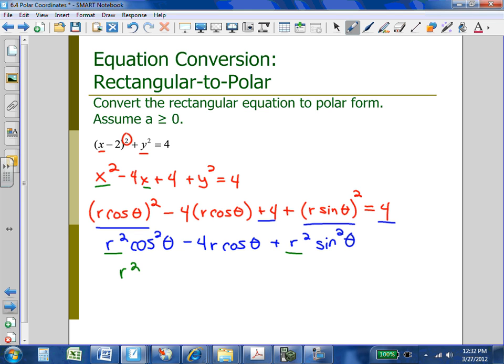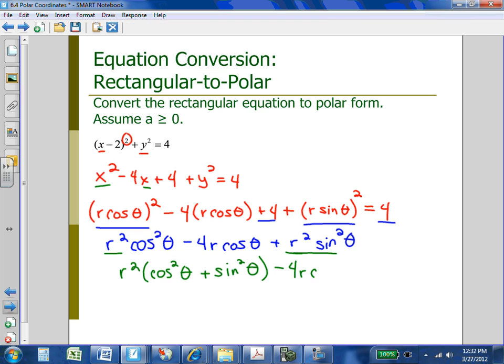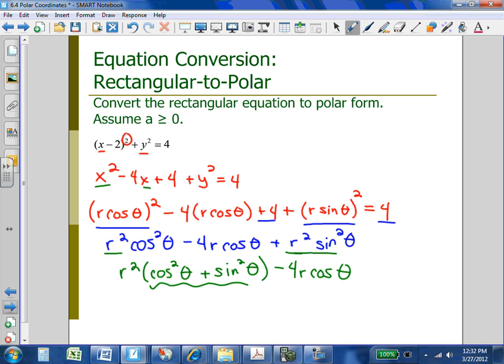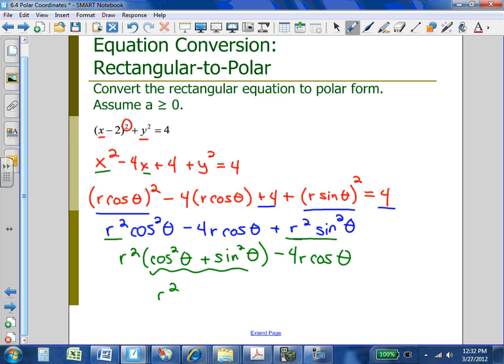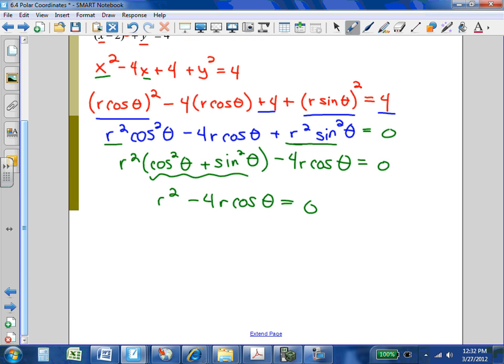So this would be r squared times cosine squared theta, and then I've got a plus, and if I take the r squared out of this term, all I would have left is the sine squared theta. And you should see something right there that you recognize. That's just one. So this is r squared minus 4r cosine theta. Now that's about as simple as I can get it right now, and I forgot that this should be equaling 0 all along. Don't be sloppy like me.